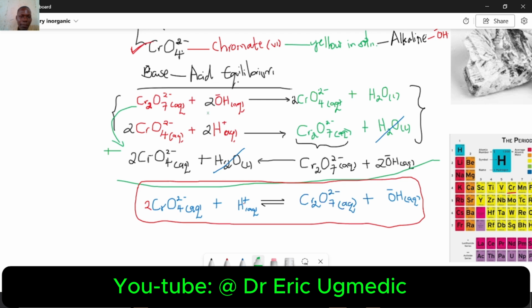So why it's called a base acid equilibrium equation and not a redox reaction, because we are actually remaining in the same oxidation state, that is the +6 and also +6. It's just dependent on the pH. If it's acidic, we shall have dichromate being formed. If it's alkaline, we shall have chromate being formed. You get? So that's the base acid equilibrium equation I was talking about.